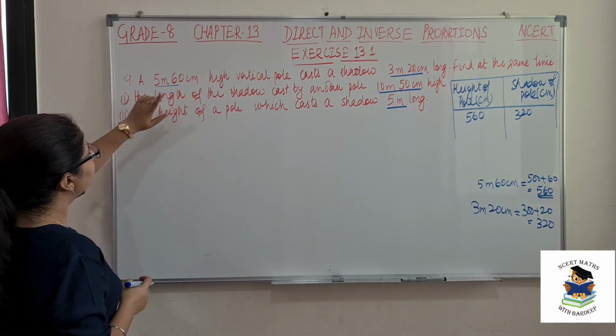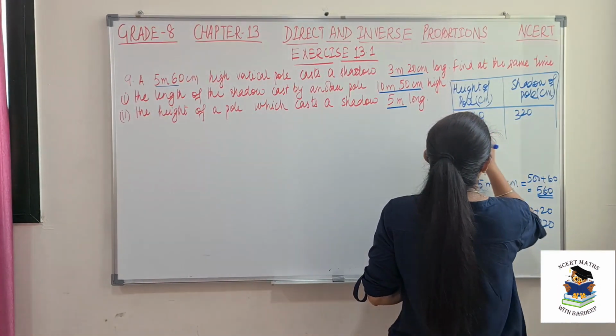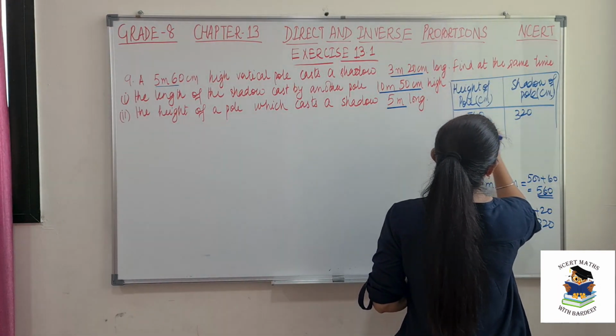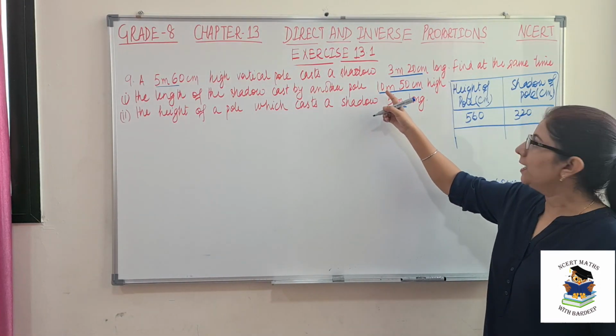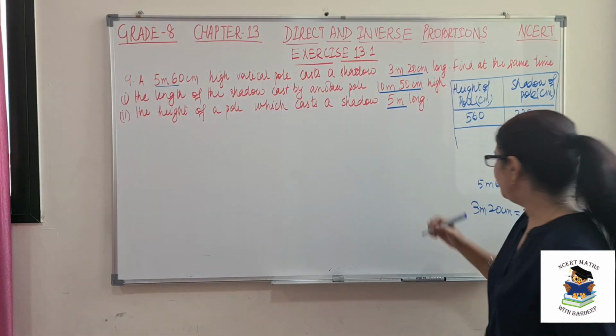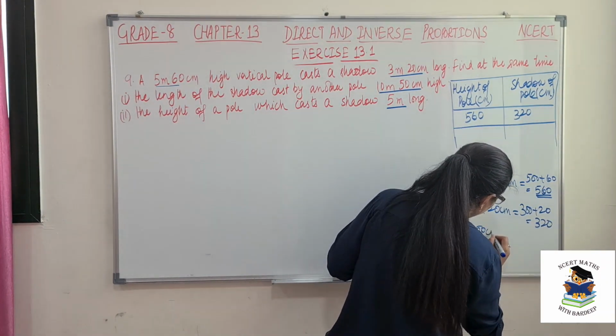Now the first part is the length of the shadow. That means we have to find the length. But what is the given thing? The pole has height 10 meter 50 centimeter.